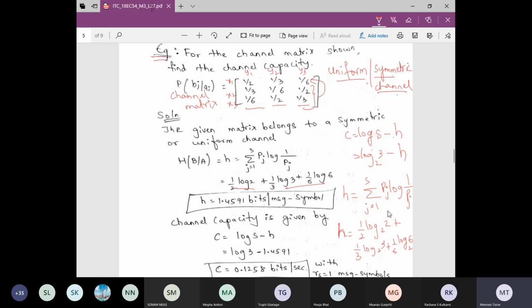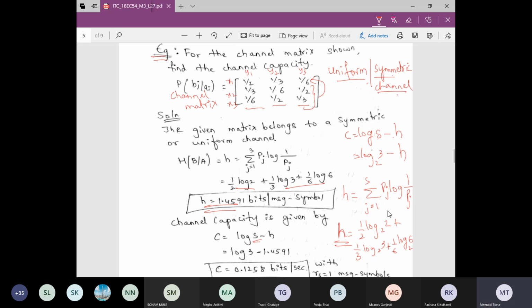Same thing is written over here. Each row has the same 3 elements. So therefore H is P into log of 1 by P, considering the elements of the symmetric channel, and we obtain H as 1.4591 bits per symbol.